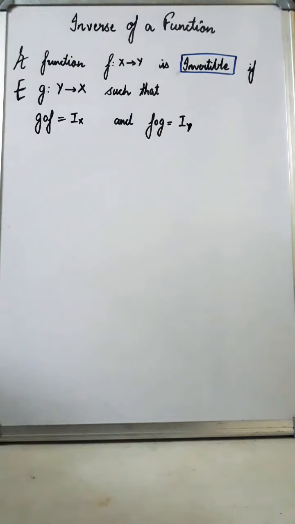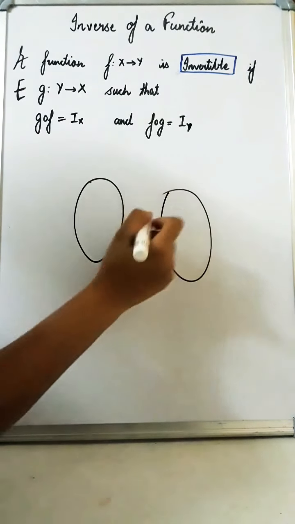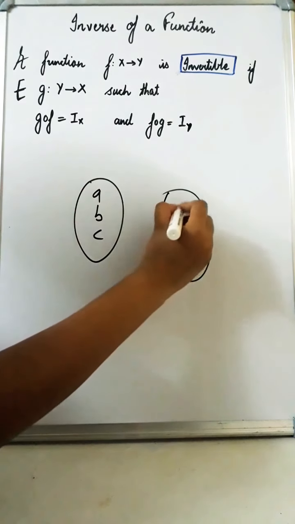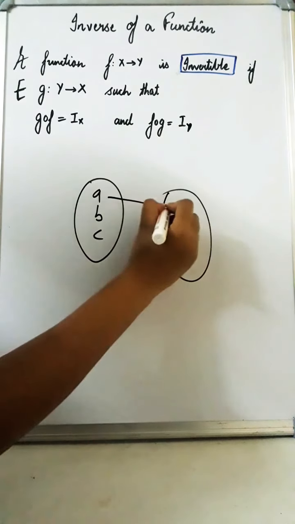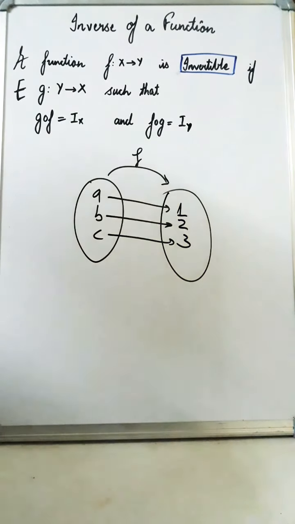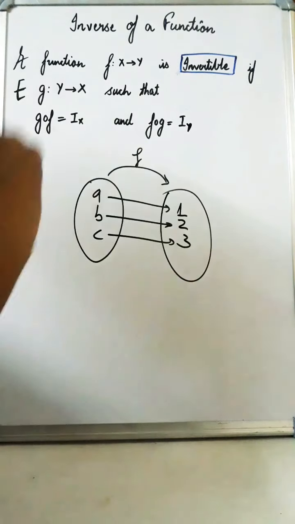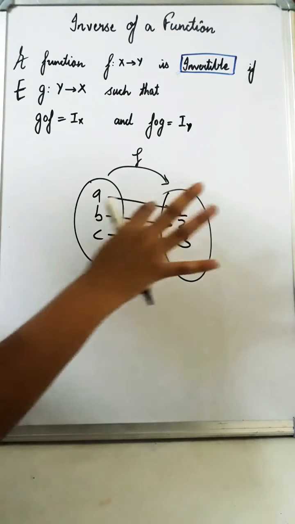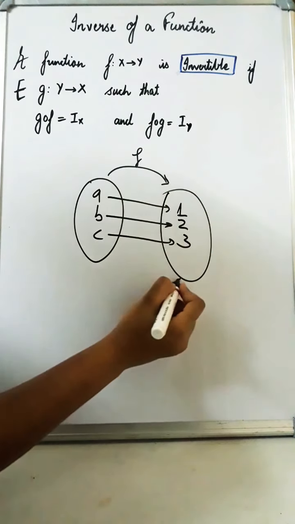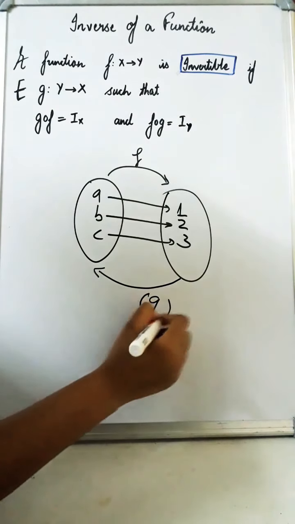Now, invertible function, or inverse of a function. See, suppose there is a mapping like this, and the function is f. Now, if we are able to draw a mapping from the codomain to the domain, meaning in reverse order, suppose from here to here, and give it a name, supposedly g.